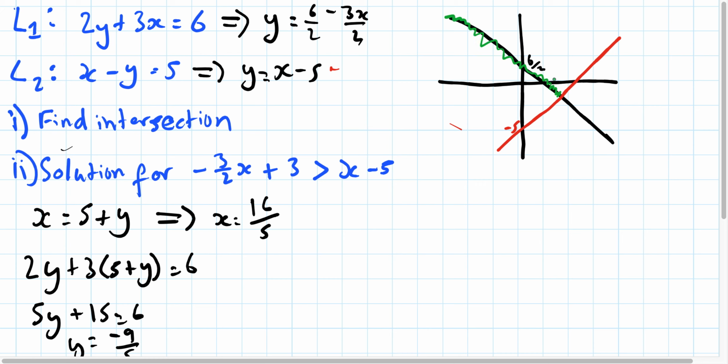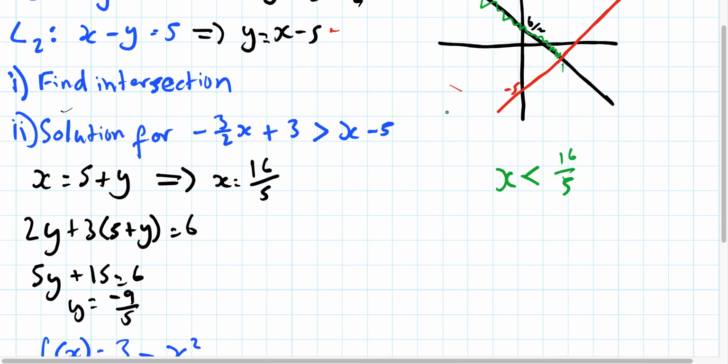Yeah, so all of these points, this line is greater. Therefore, x, and at this point we said x is 16 over 5. So x is less than 16 over 5. Okay, so that's it for this one.